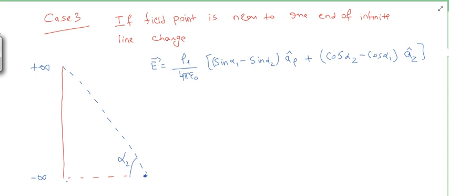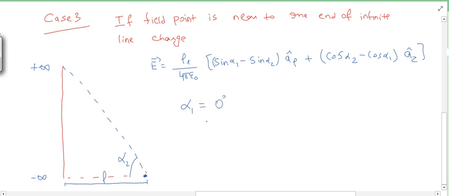As it is near to the end, it will be in the same direction. If I consider this perpendicular distance as rho, alpha 1 will become 0 in this case.